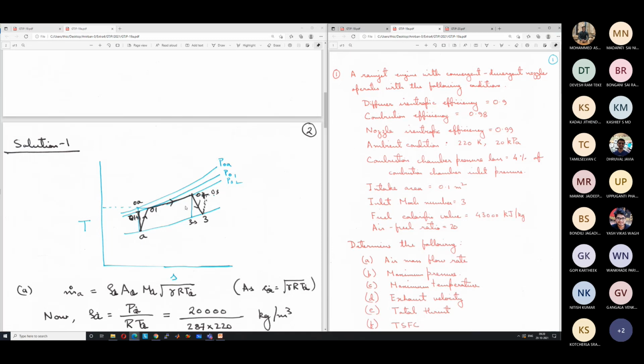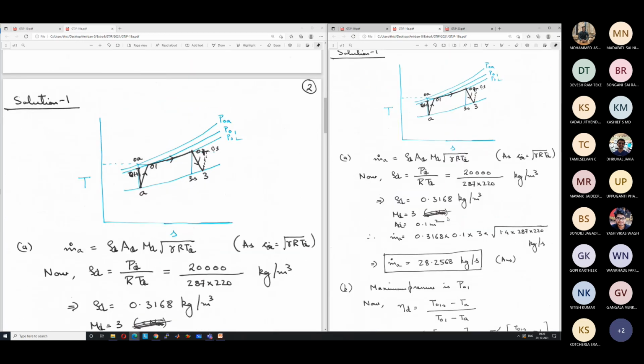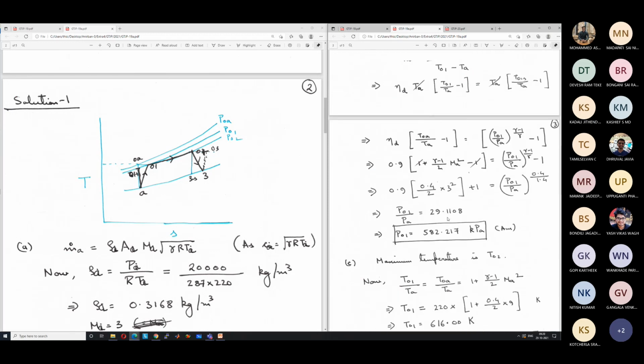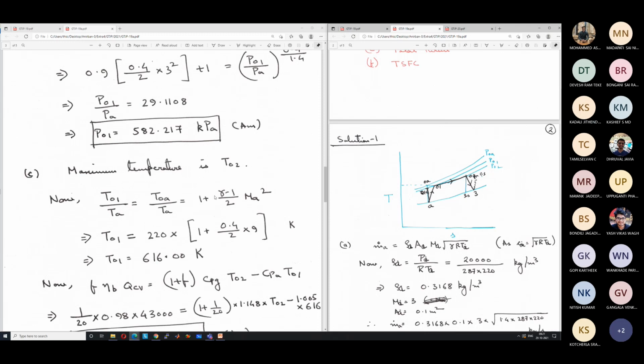It's the same energy balance that we always do, but now the unknown is different. T02 is the unknown, and F is already known. That is what we will do. So the maximum temperature is T02, and for finding T02, first we need to find T01 for the energy balance.